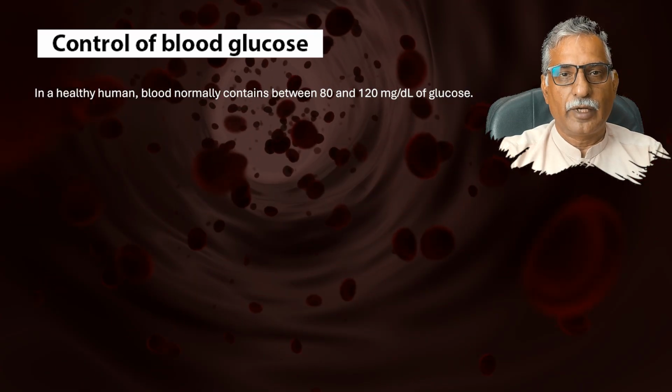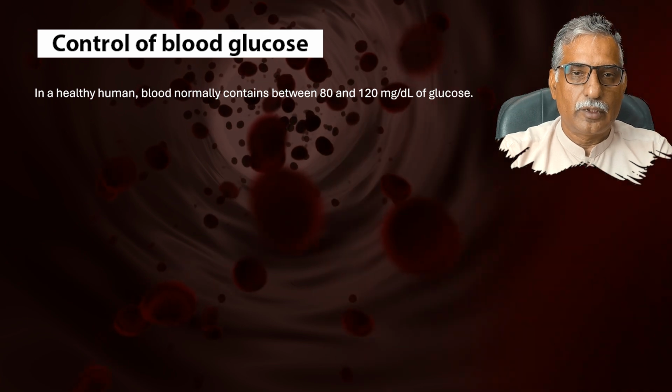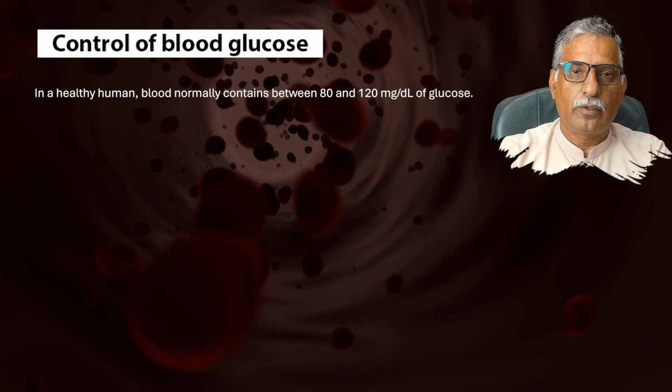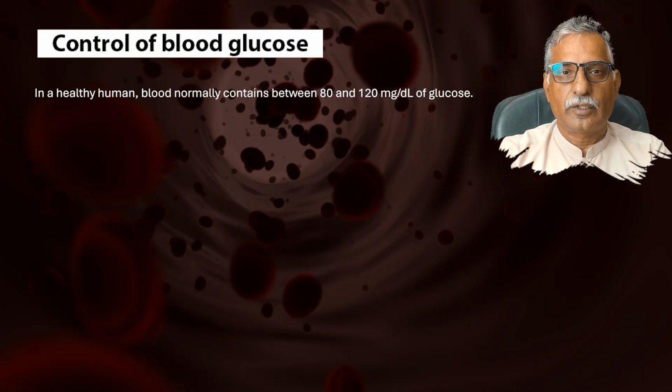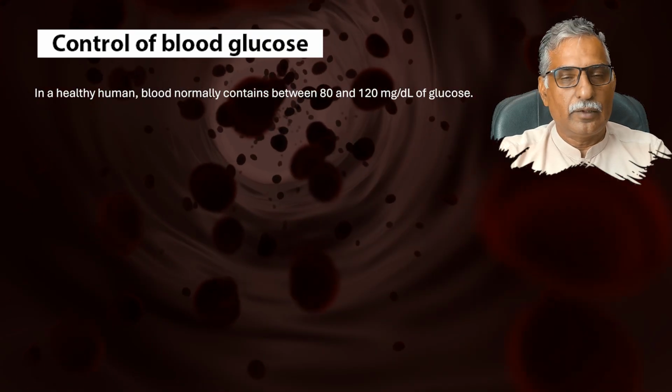This is the optimum range. But it has been observed that after a meal this can increase above 120, or during starvation or meal skipping it may decrease below 80 even.